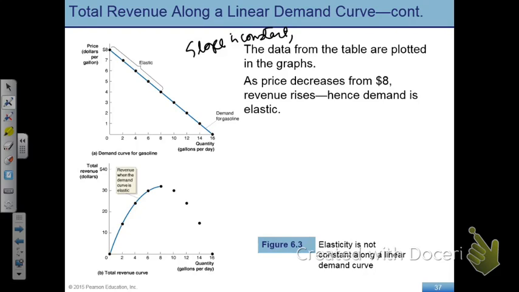The slope of this demand curve is constant. It's a straightforward downward sloping straight line. But elasticity is not constant. Elasticity changes. So this is the direct proof that slope and elasticity are not the same thing. They give you same interpretation, but slope is constant in this case, elasticity is not.